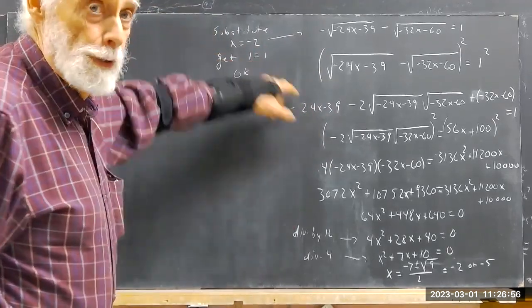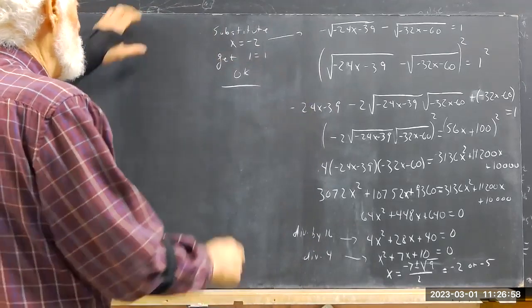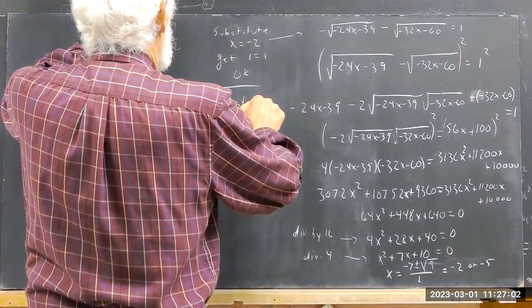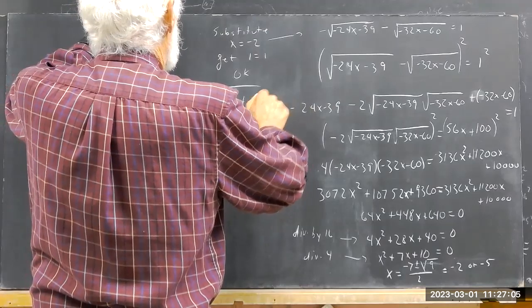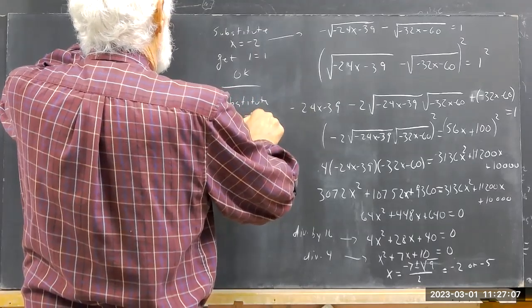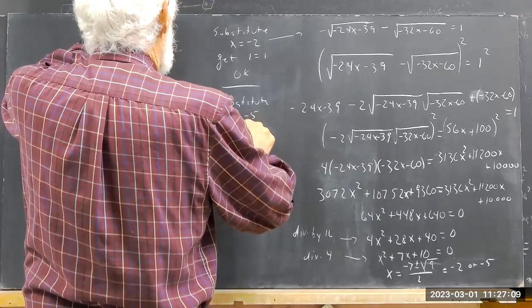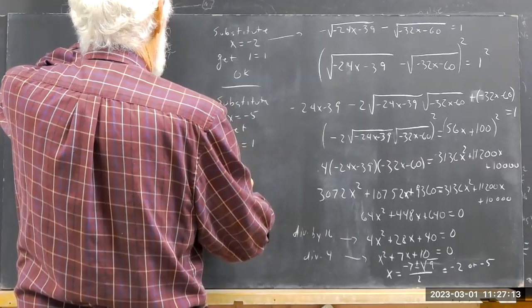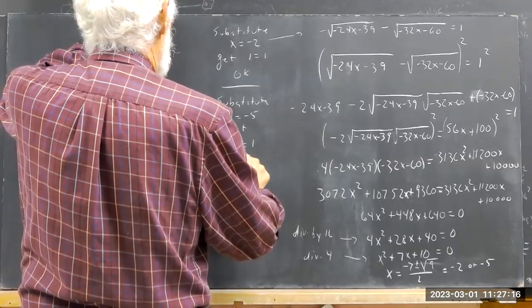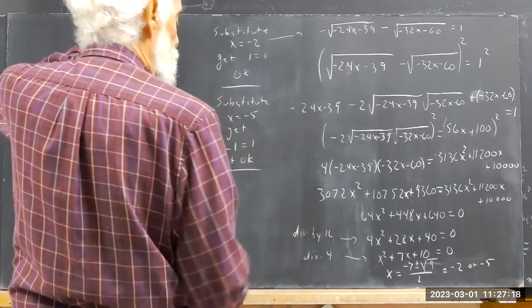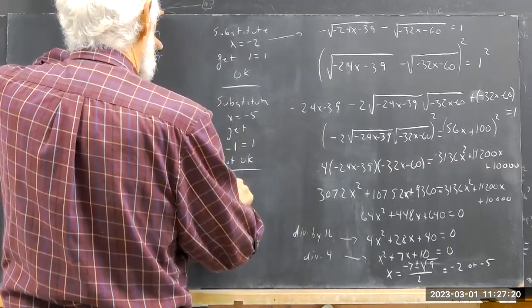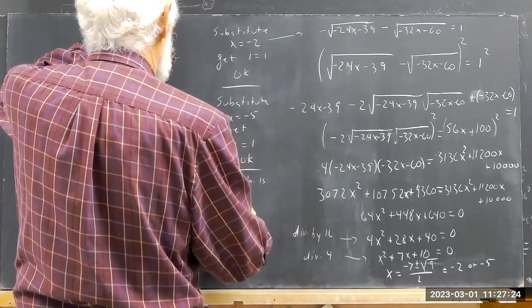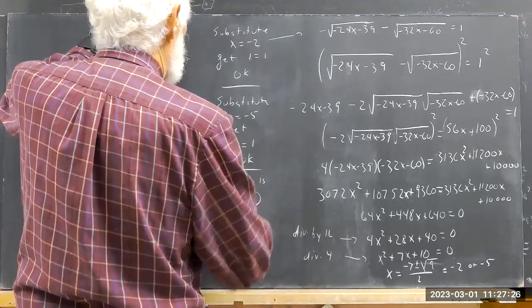Substitute x equals -2, you're going to get 1 equals 1. But if you substitute x equals -5, you get -1 equals 1. That's not okay. So the only solution is x equals -2.